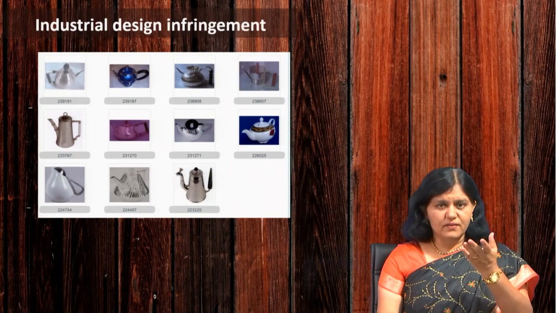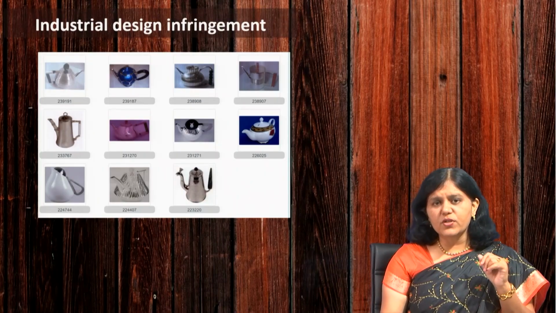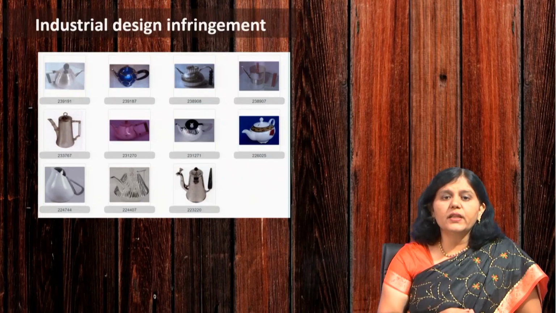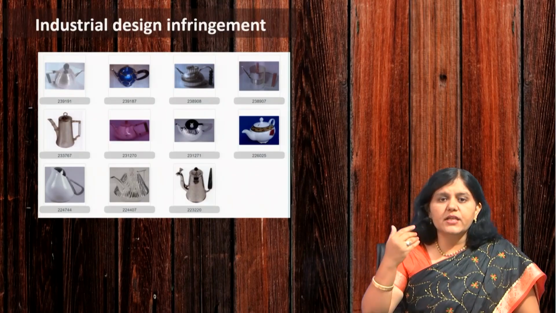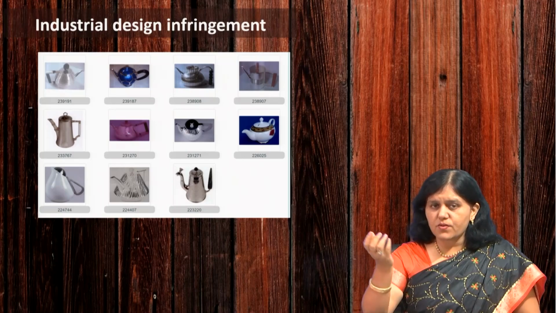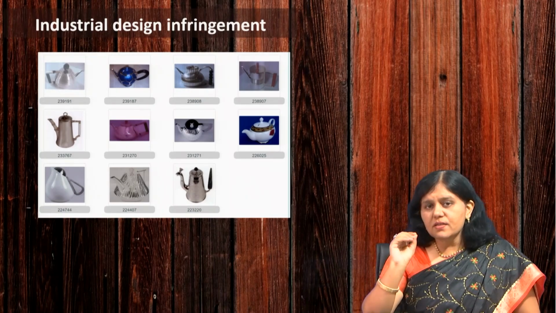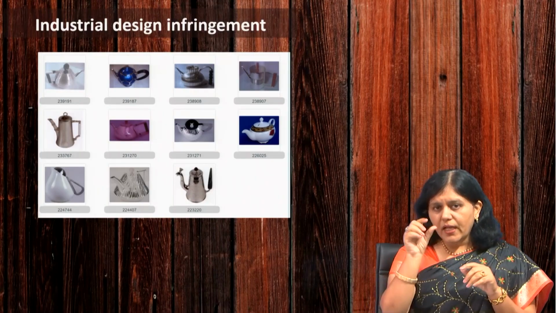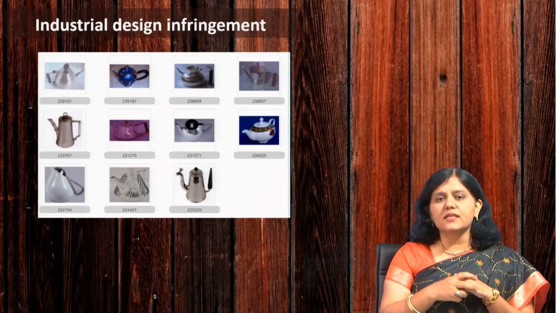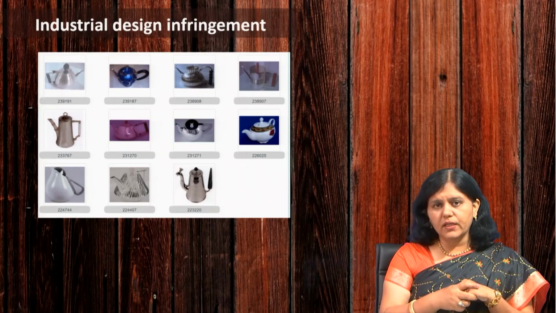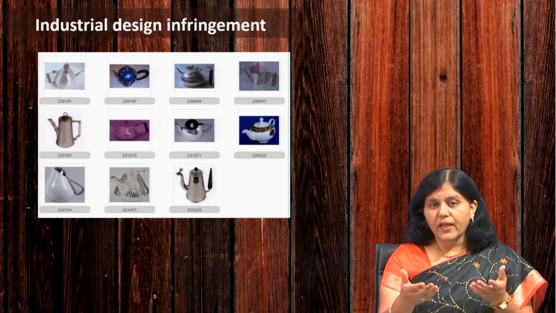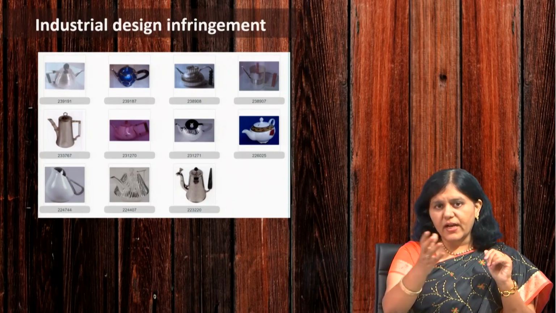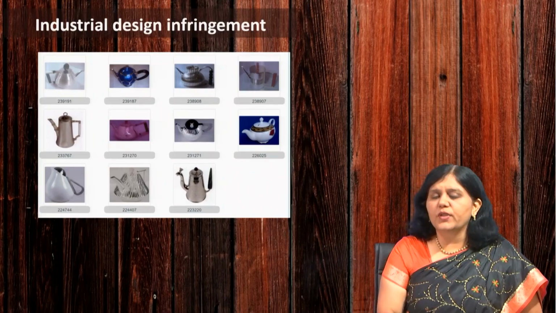If you are in an entrepreneurial activity, manufacturing say a chair, table, generators or tires, you can type that word in the public search part of the industrial design website, get the existing designs, and then decide whether you are infringing anybody else's design.